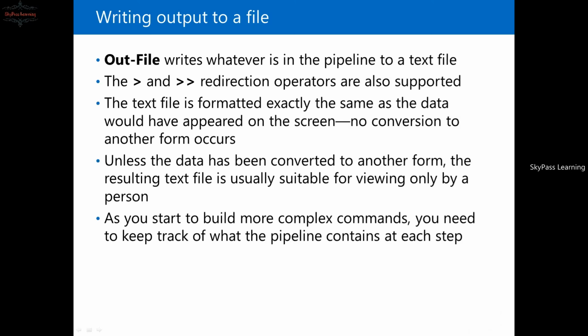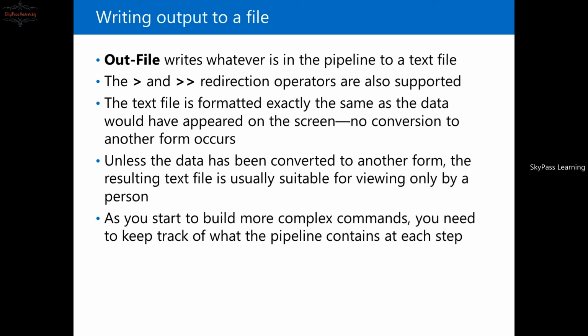Okay, how can we write the output to a file? If I need to write an output anywhere, in the form of CSV or non-CSV files, I will show that also. So the first one is Out-File, and we can also use these two redirection operators. These are the default operators used in CMD, the command prompt.